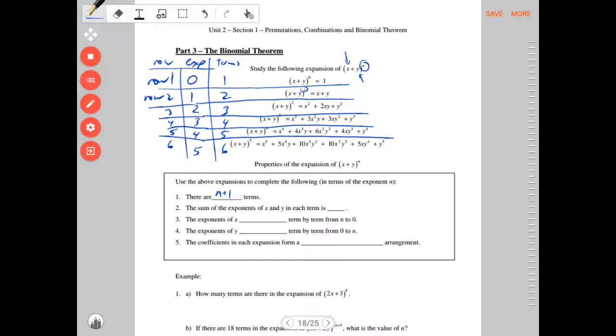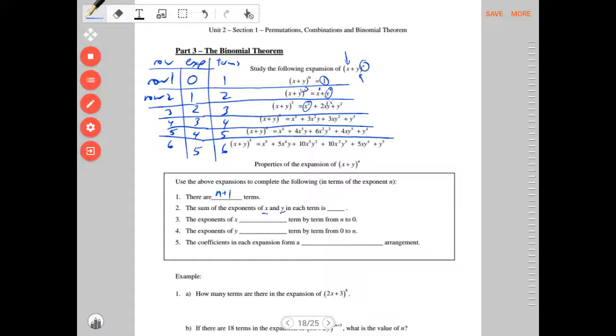Okay, so tell you what, the sum of the exponents on the x and y in each term is what? The first one doesn't have any exponents, so 0. The x has an exponent of 1, the y has an exponent of 1. So the sum in each term is just 1. Now this guy has x squared.